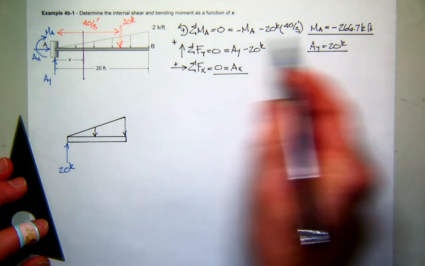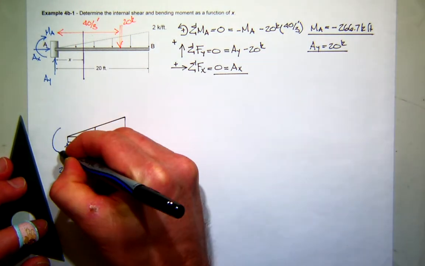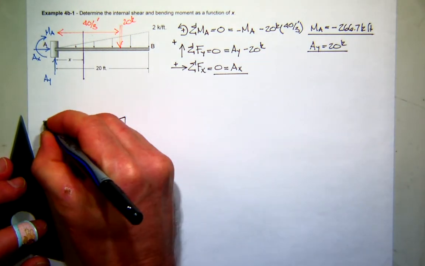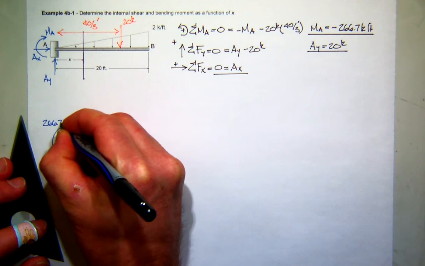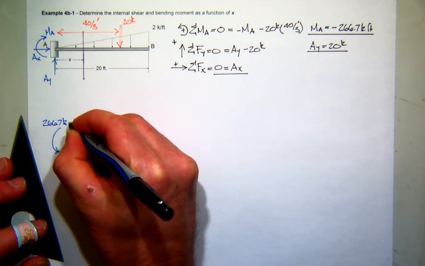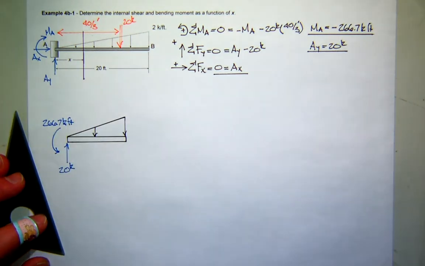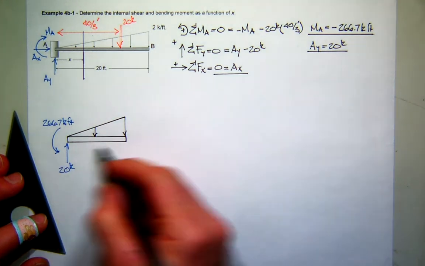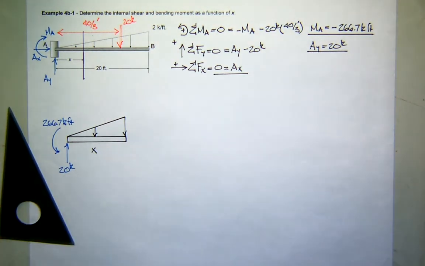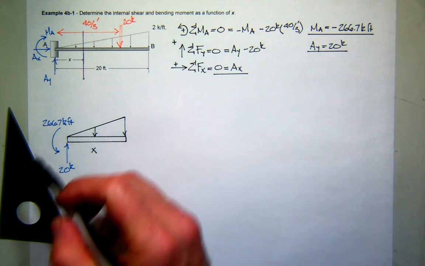The moment at A was negative, so that's going to go this way, 266.7 kip feet. Also, the length of my structure is X.